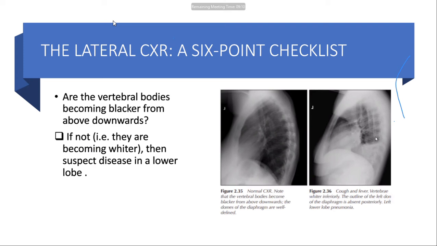Because of lower lobe pneumonia, the lung lobe almost mixes with the diaphragm, so it is not possible to discriminate between them, and the vertebral bodies have become whiter in the lower area. So always look from above downwards at the vertebra. It can happen in lower lobe collapse also.